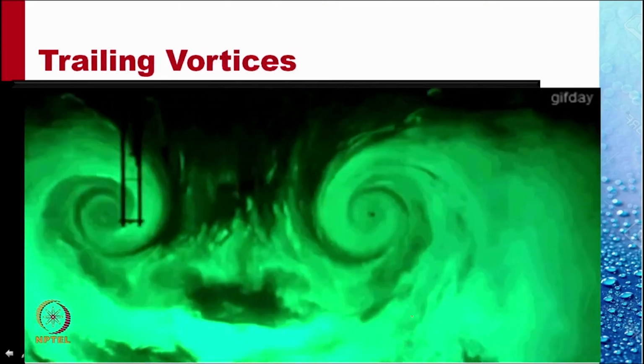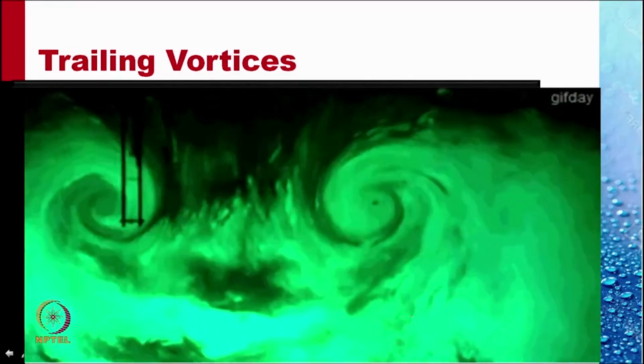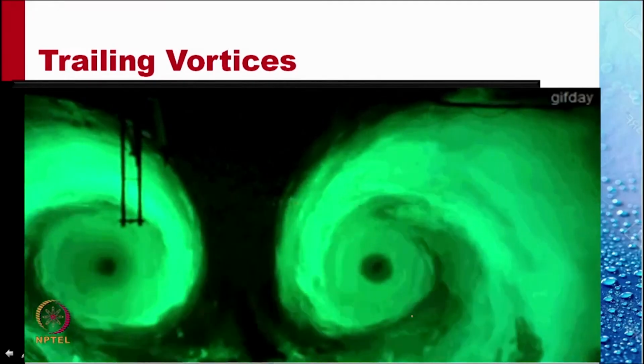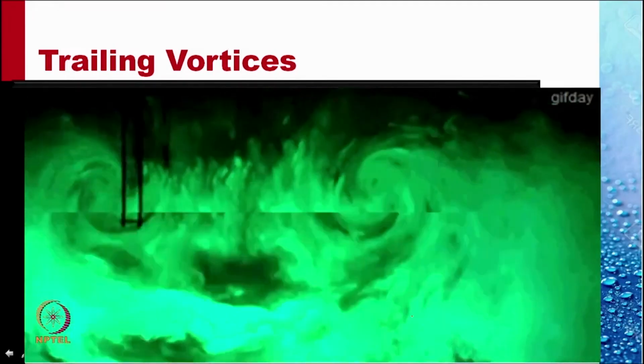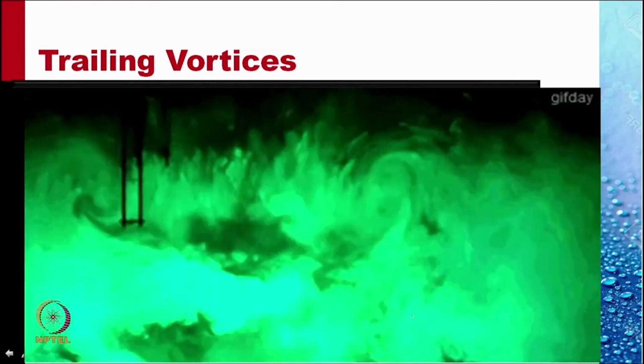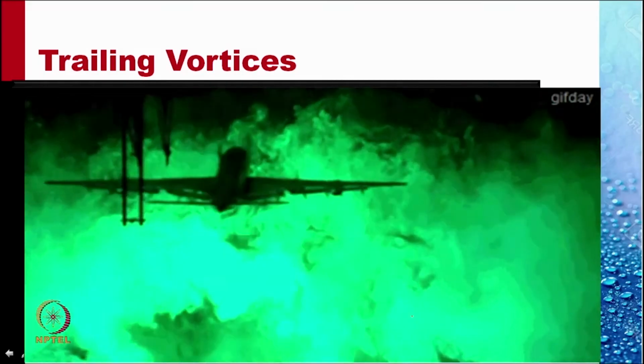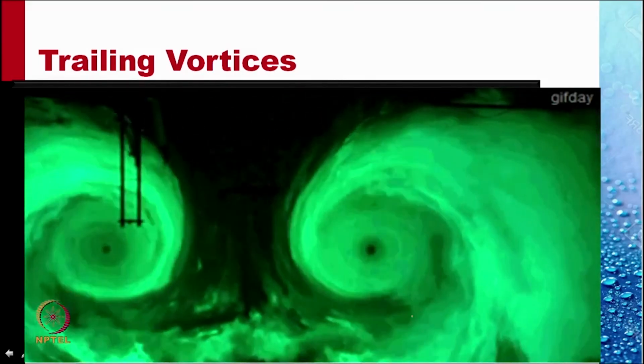The flow behind an aircraft consists of two trailing free vortices. You can see in this picture the vortex is rotating, the flow is rotating, the velocity is very large at the center, and slows down as r increases.